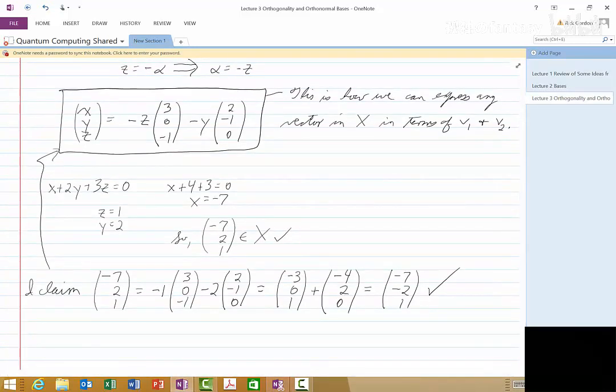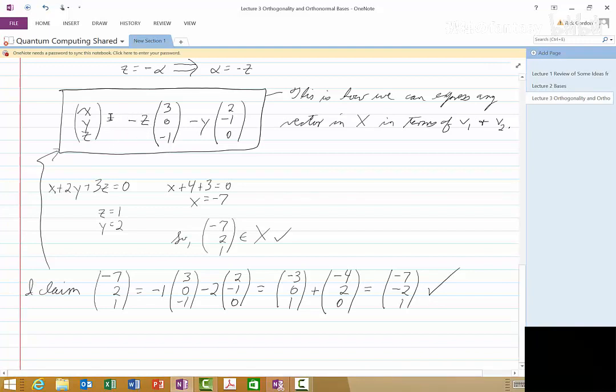Before we move on, I want to make sure you understand: I have shown that any arbitrary vector (x, y, z) in the subspace X can be expressed in terms of (3, 0, -1) and (2, -1, 0) by this formula. So this is for sure.